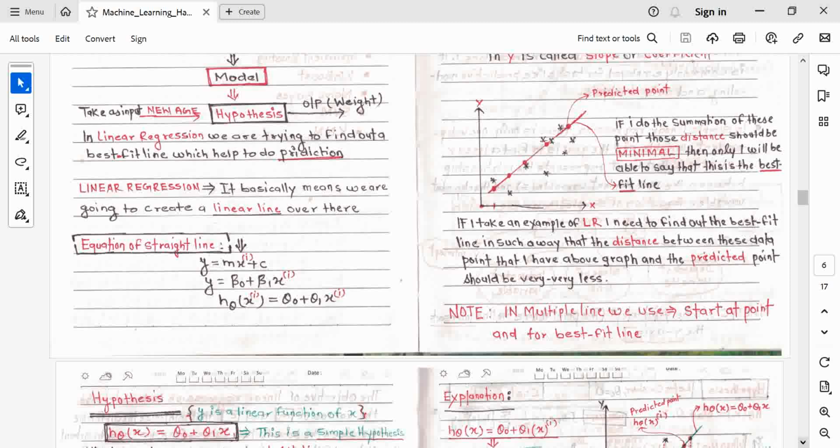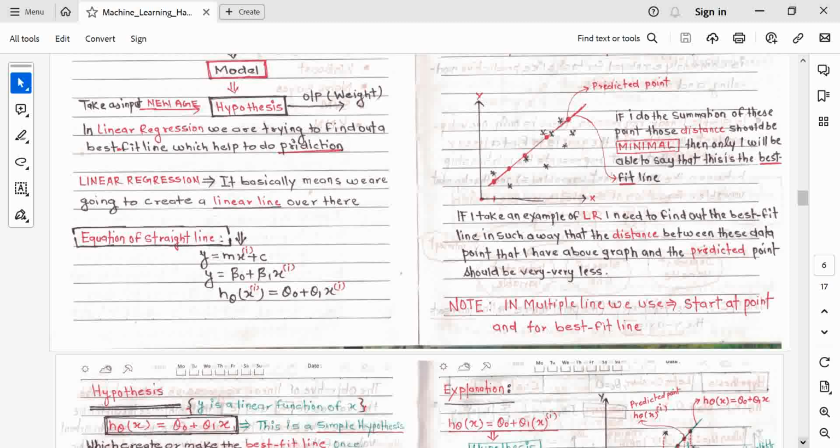We have already discussed it will be the minimal to be a best fit line. And why do you need the best fit line? To find the hypothesis, the best fit line, with which we are going to predict and analyze the data.